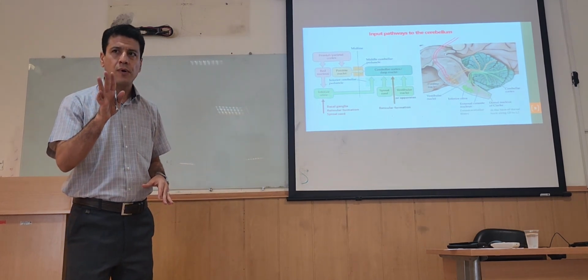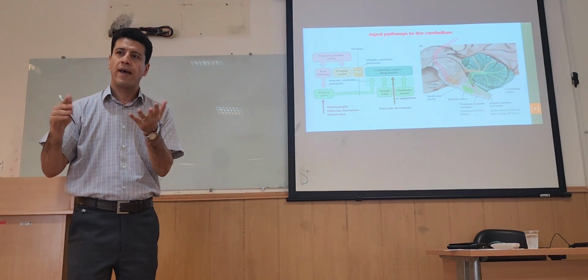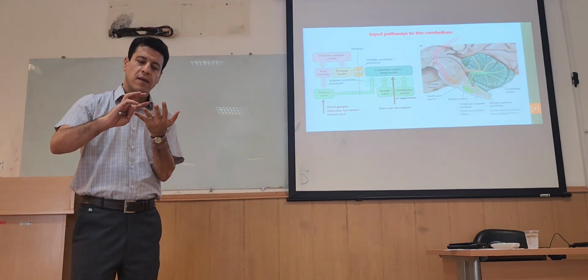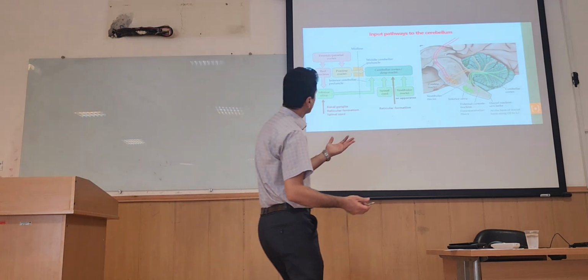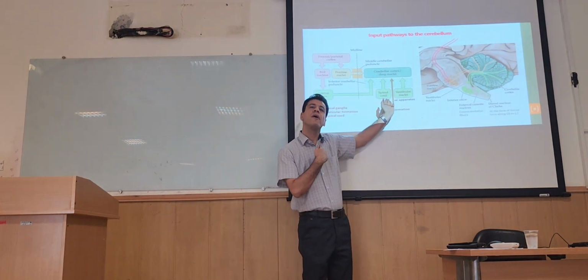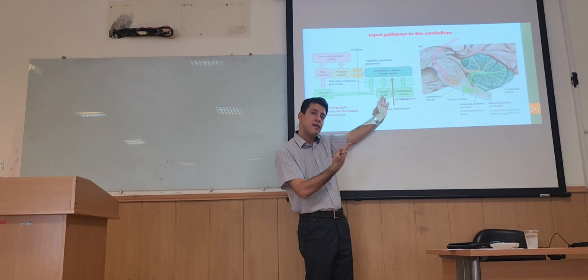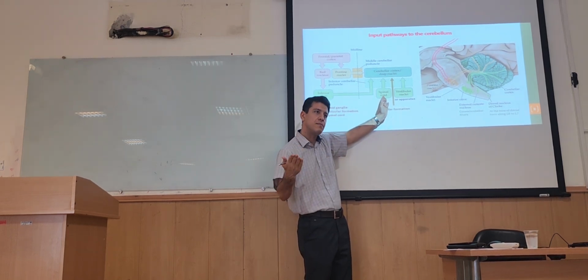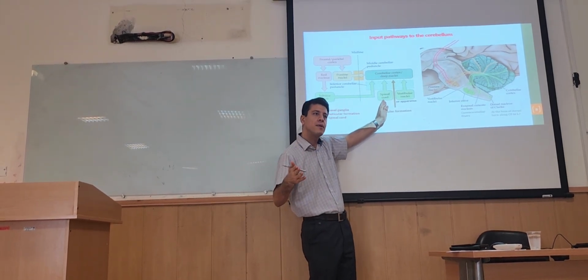So I think that you know from the anatomy that cerebellum has vestibular cerebellum, spinal cerebellum, cerebral cerebellum. So fibers that originate from the spinal cord go to the spinal cerebellum. Which part of the cerebellum is spinal cerebellum?